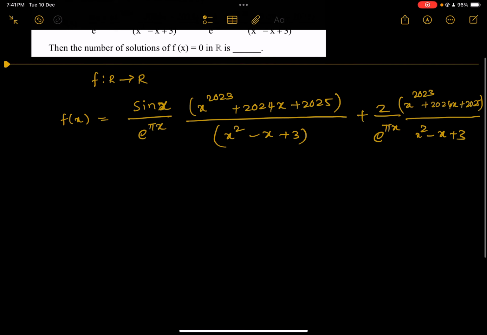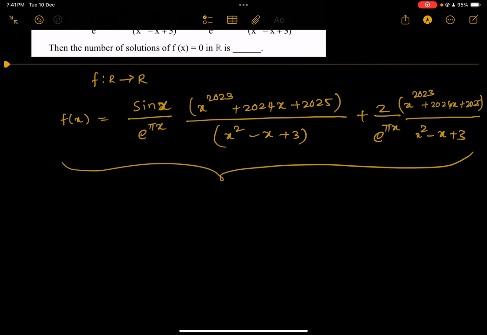So this looks very scary. I mean, such a big function, but it is nothing. So they have not put it in a good format.